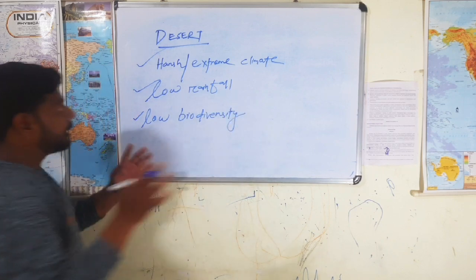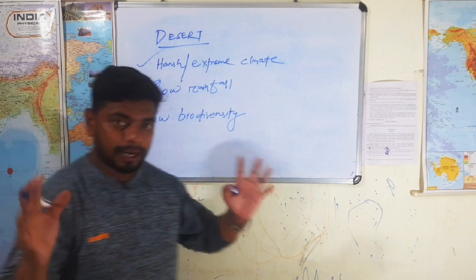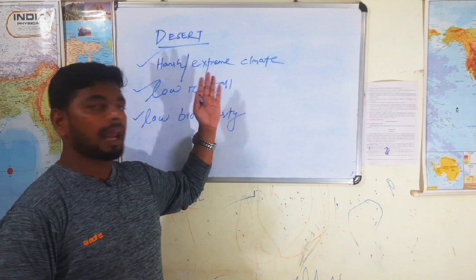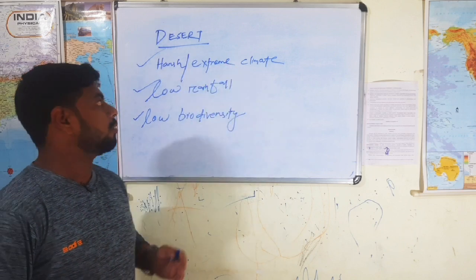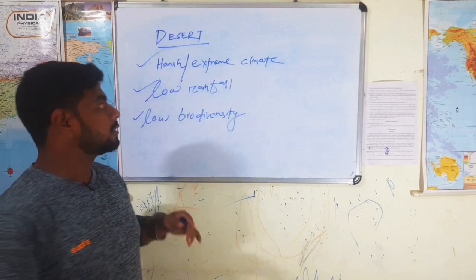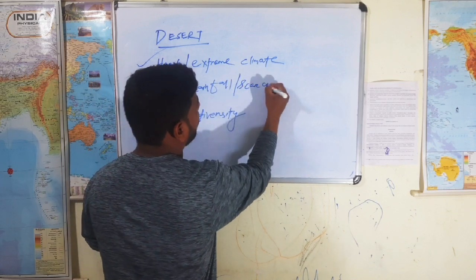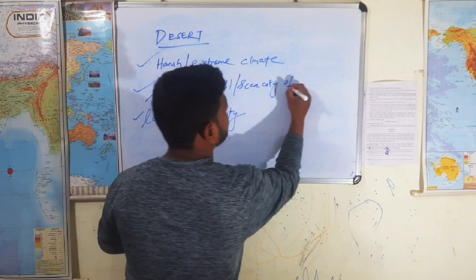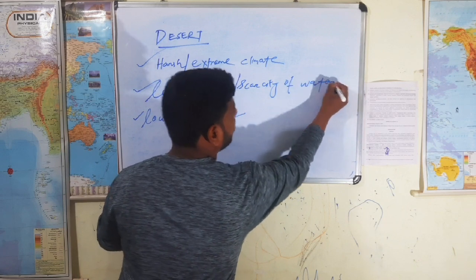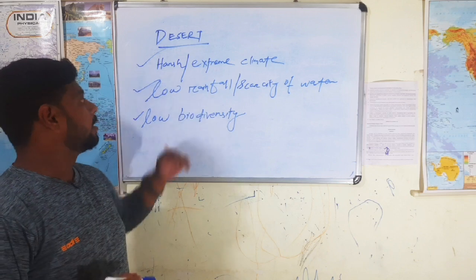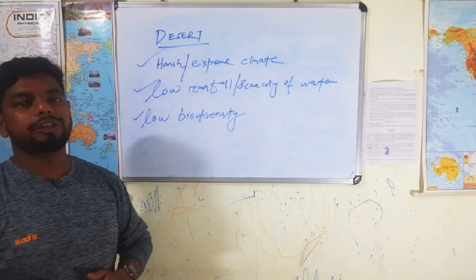So a desert is a landform where extreme climate or extreme environment is found, with low rainfall, and because of low rainfall there is scarcity of water. We know that water is the basic thing, and because of that very low biodiversity is found.